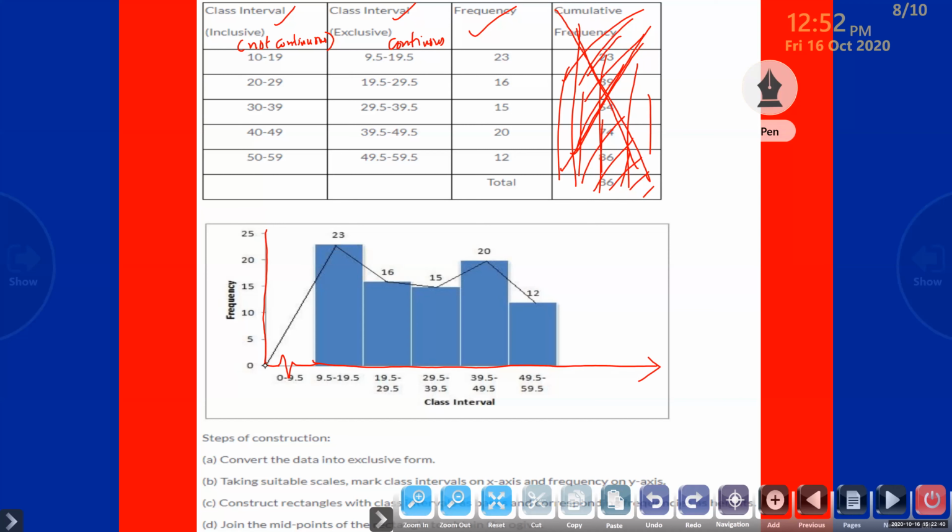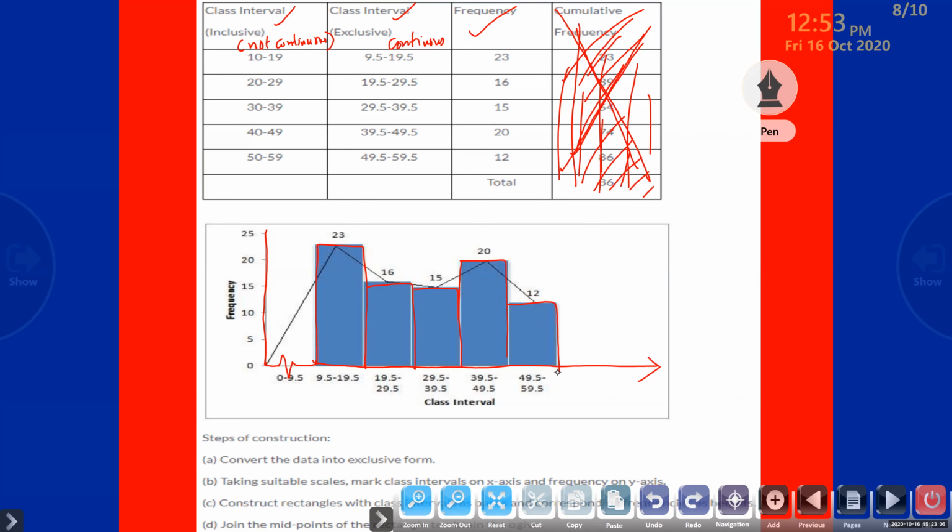Just give a jagged line over here and draw these histograms. Just draw the histogram and the jagged line because it does not start from 0. Actually, if it starts from 0, no need of doing that jagged line.